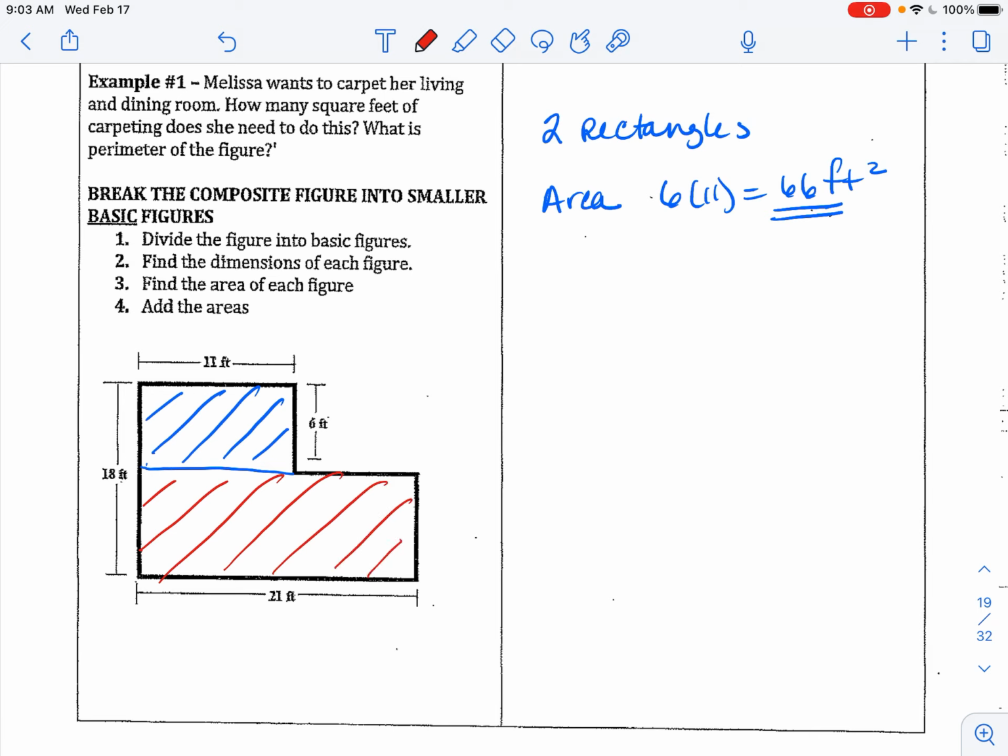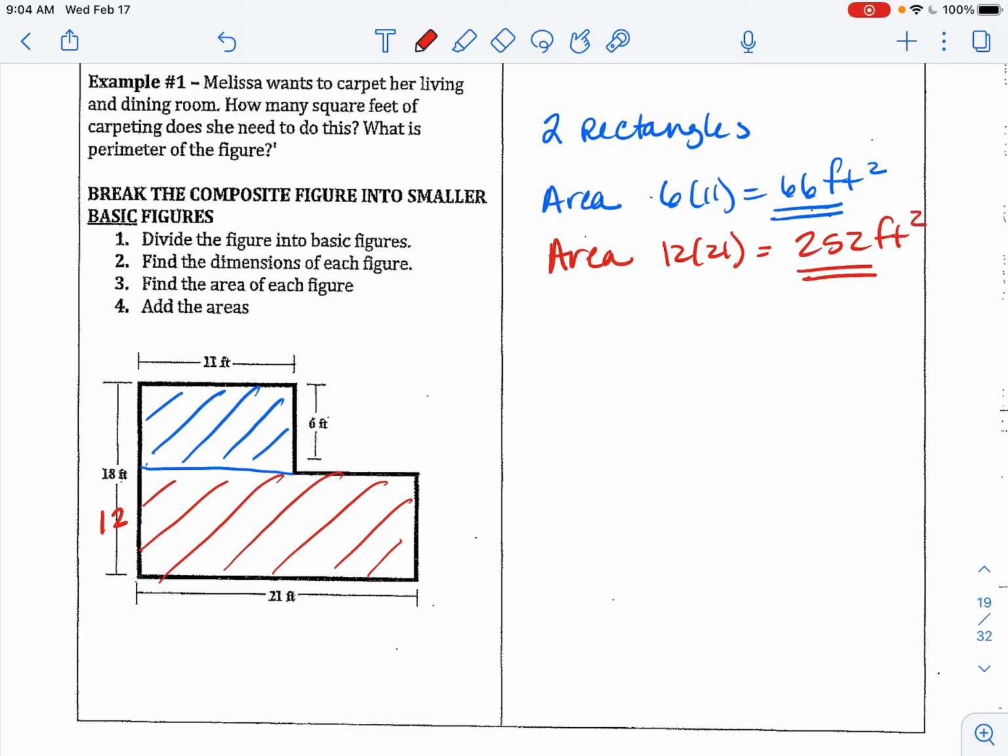well, we've got to figure out what this side length is. Now this is not drawn to scale. If they're saying that this is 6, then this piece here is going to be 12. And then the base of the rectangle is 21. So the area of this bottom rectangle, 12 times 21, and if I go to a calculator real quick, that's going to give me 252 feet squared.